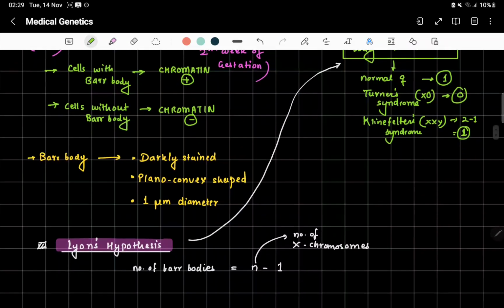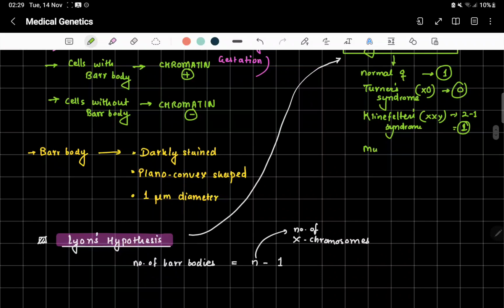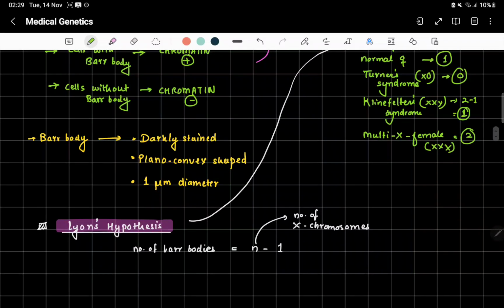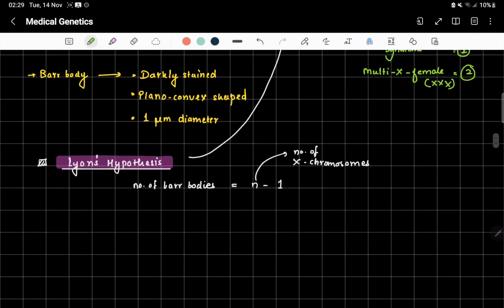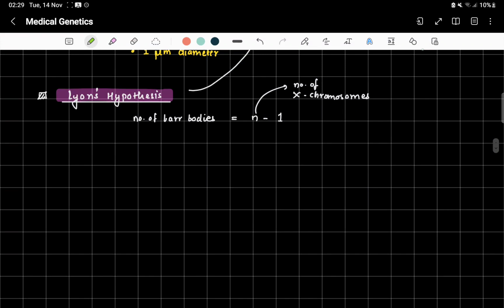For a multi-X female like XXX, that is 2 Barr bodies. You can write this, and this statement is called Lyon's hypothesis.